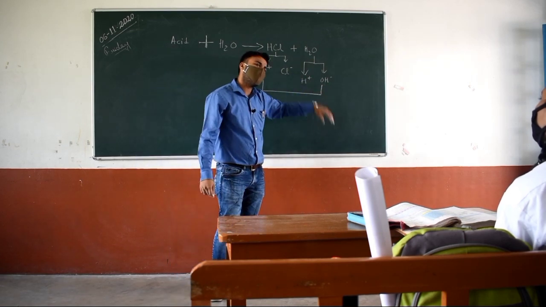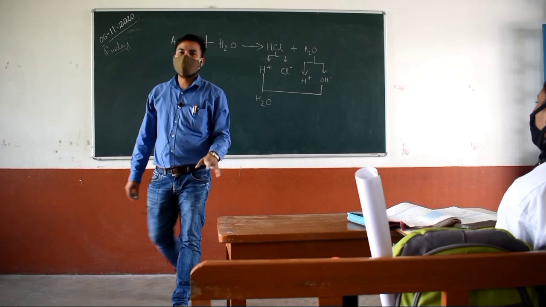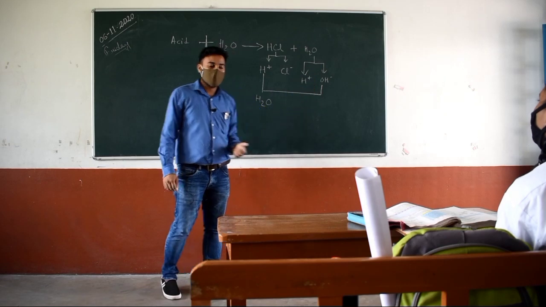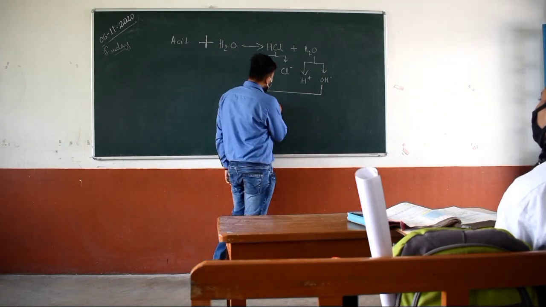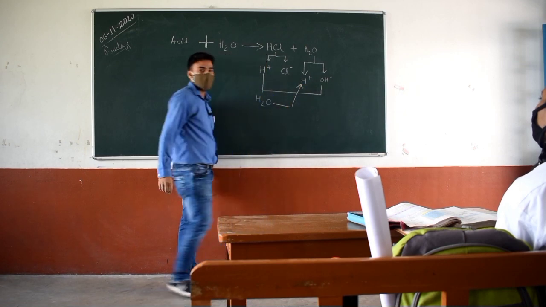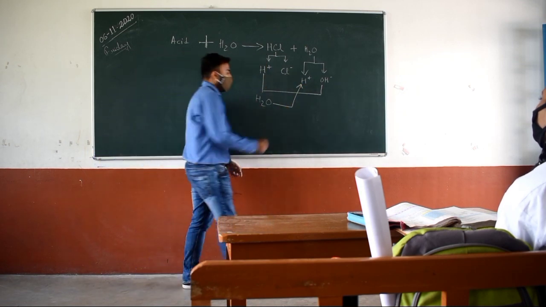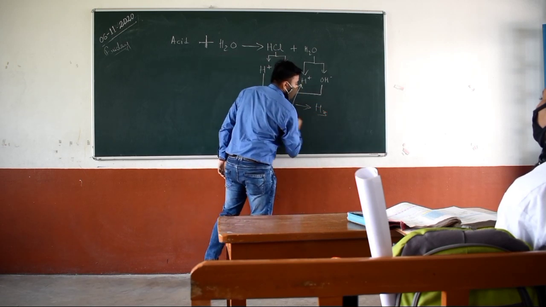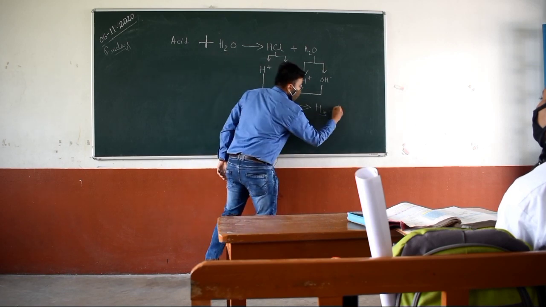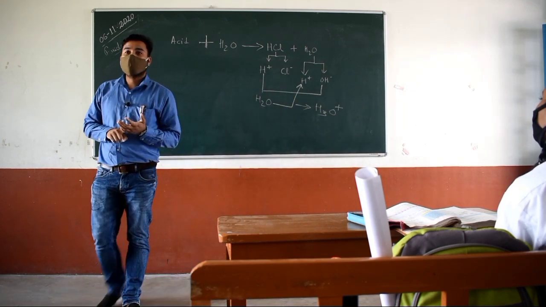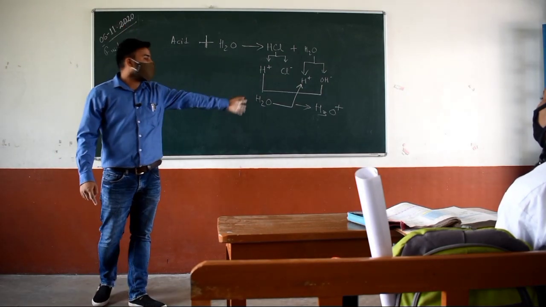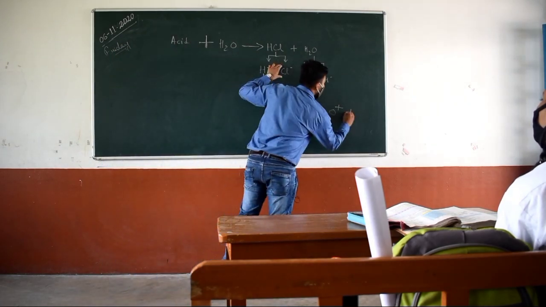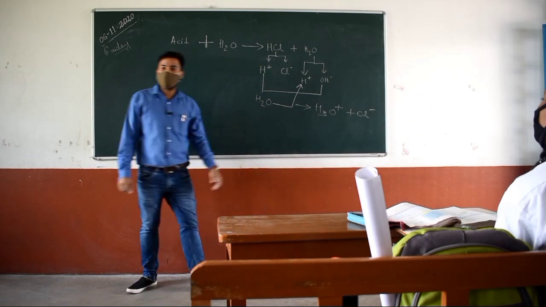H2O and H2O are the same, so if you don't write it, it is also okay. Further, this H2O reacts with the H plus ion which was left and forms H3O positive. Is it clear how H plus and H3O positive are forming? And chlorine is released separately.